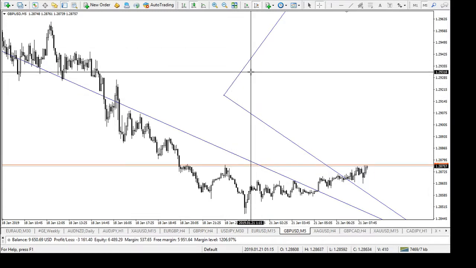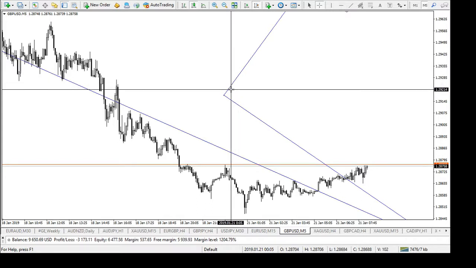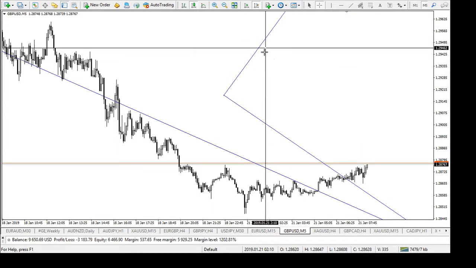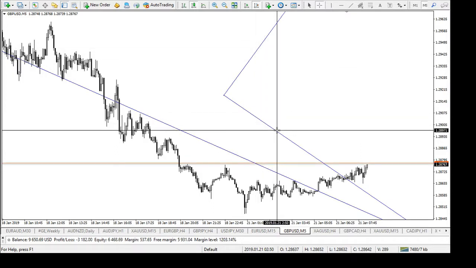By the time it has touched the higher boundary of the triangle, what I've seen most of the time is four times hitting the upper boundary of the triangle or the lower boundary.